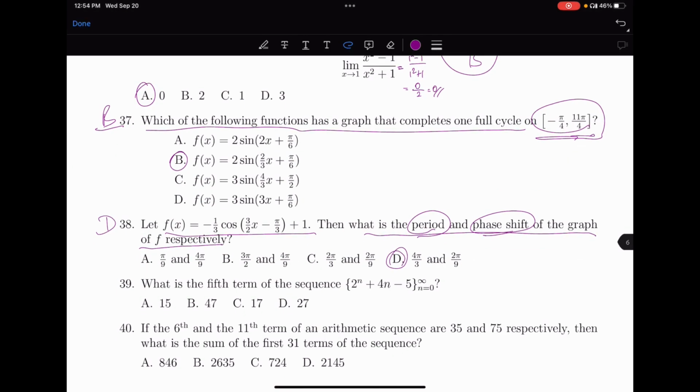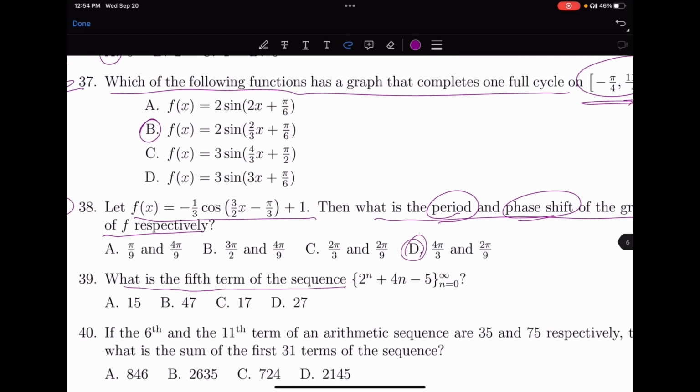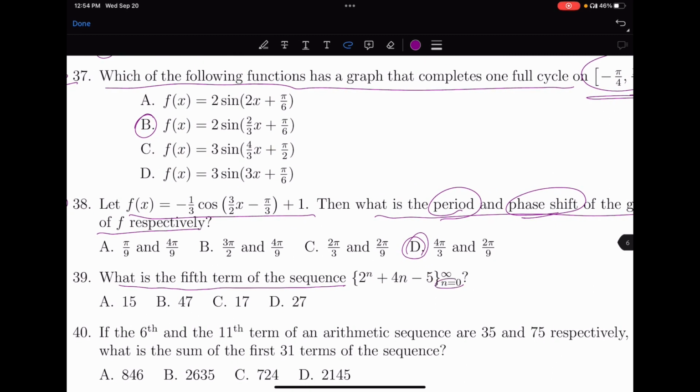Okay, question 39: what is the fifth term of this sequence? As you can see, the sequence starts from zero. Since it starts from zero, a0 would be the first term, a1 would be the second term, a2 the third, and a4 would be the fifth term.